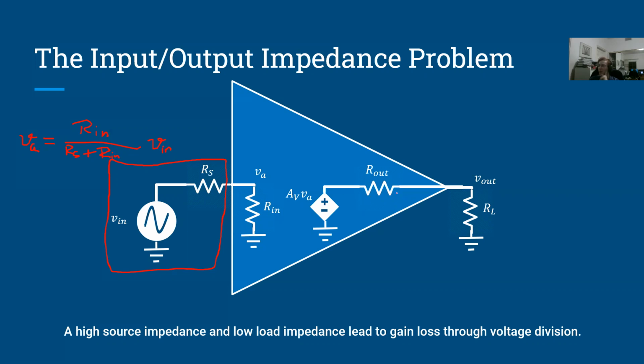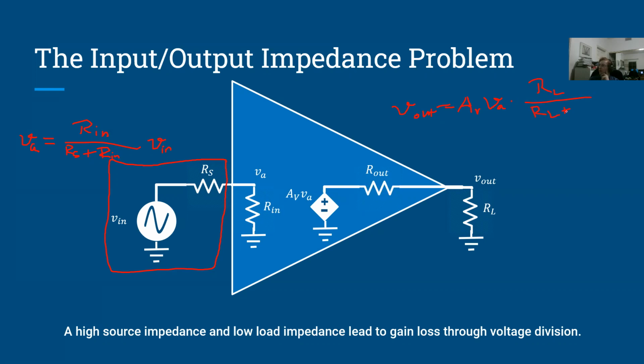On the output, we have the same exact thing. We have a voltage divider between Rout and RL. So we have Vout is equal to AV VA times the RL voltage divider.